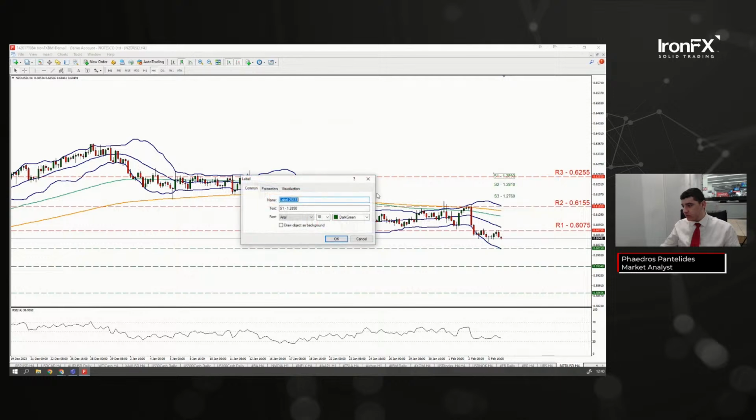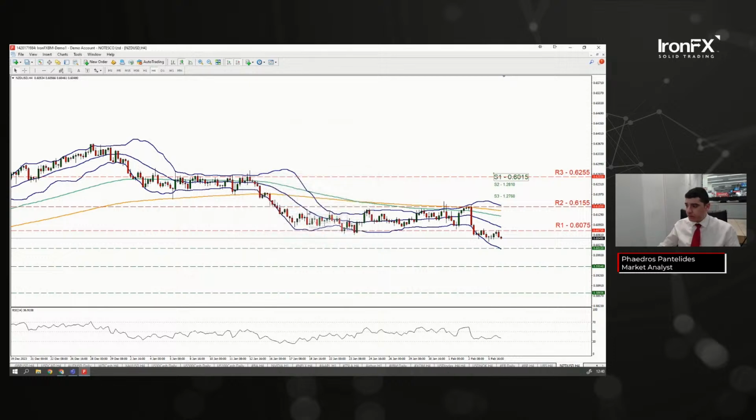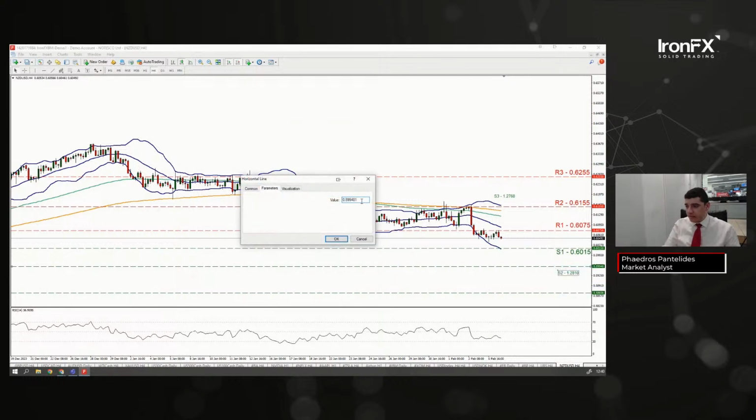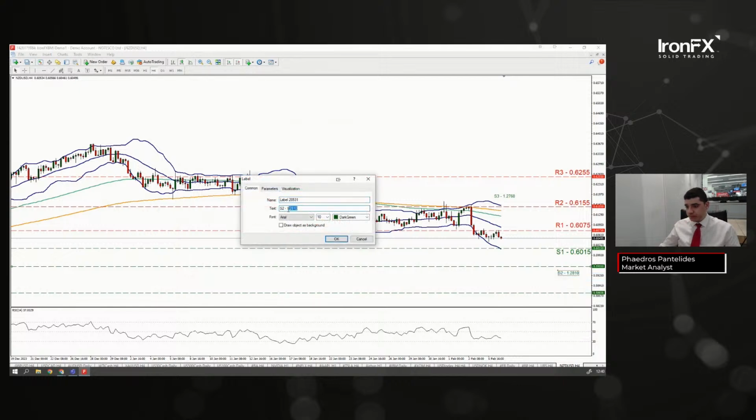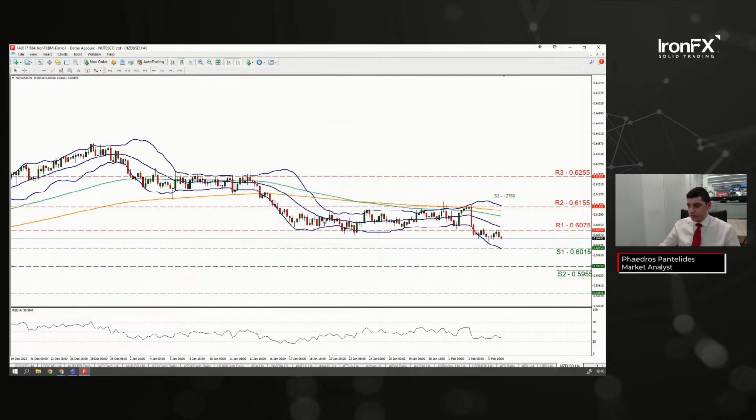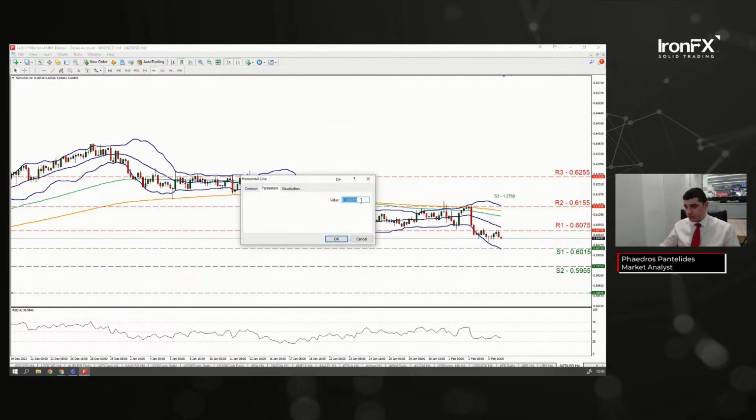For S1, 0.6015. 0.5955 for S2, 0.5865 for S3.